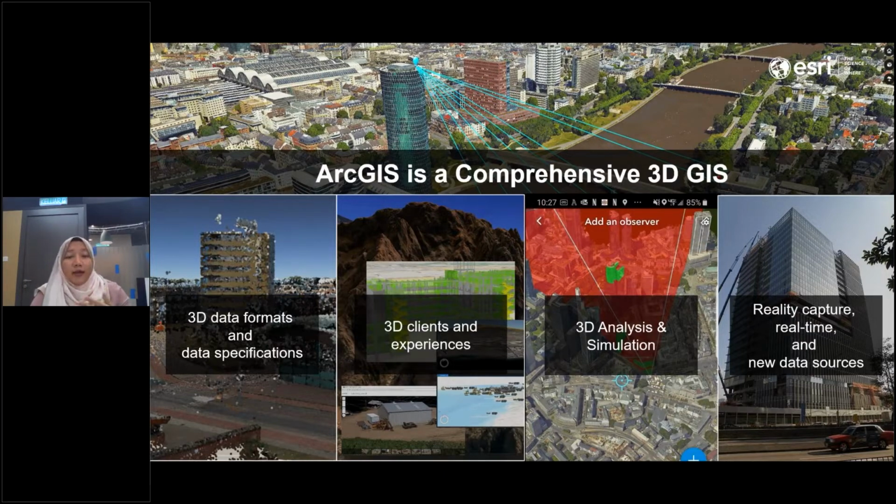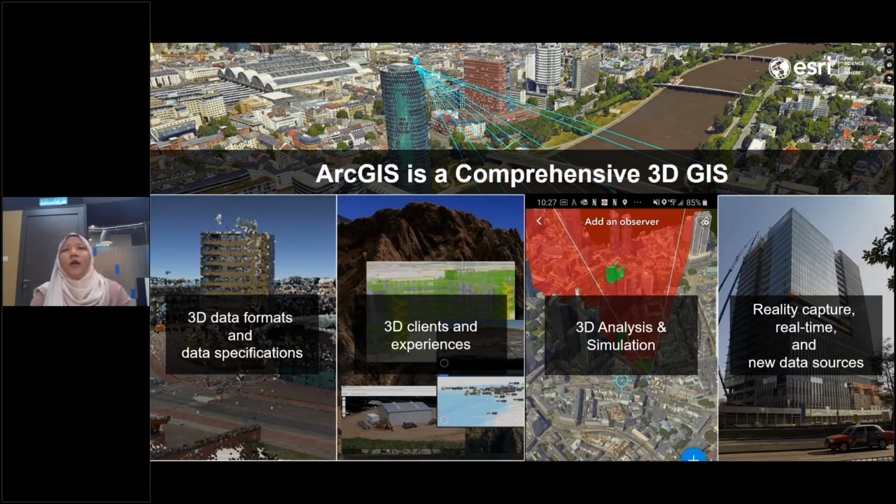It delights our users with a new experience to help them work better, faster, and easier, because we have the 3D analysis and simulation that you can straight away use. We have a lot of ready-to-use tools inside ArcGIS Pro to help you do the analysis and simulation.